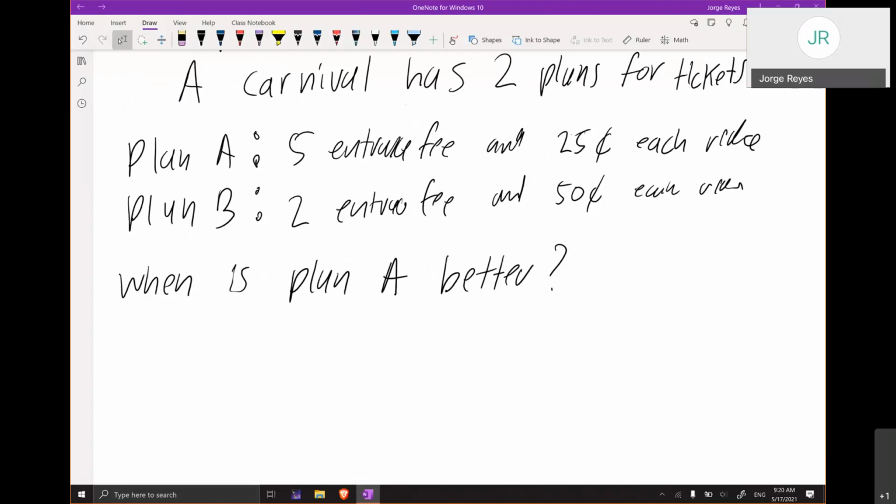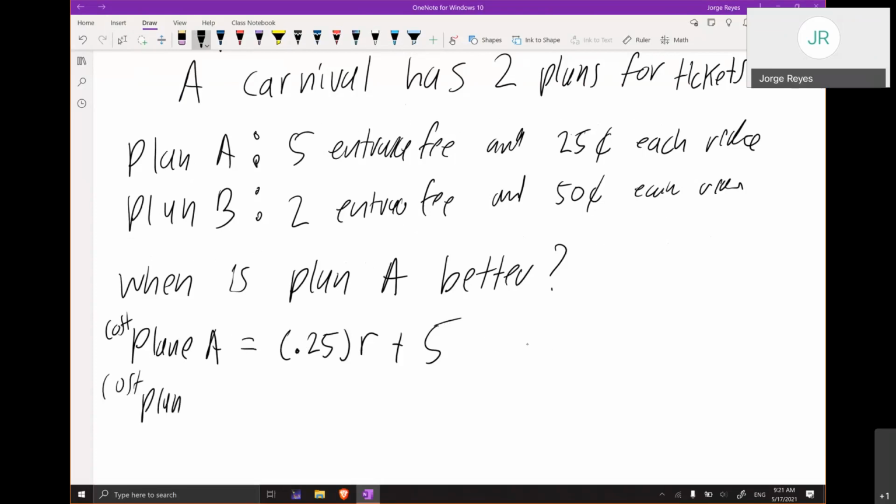First you're going to make some equations or some models. So the cost of plan A equals 25 cents times the number of rides you ride, which I'm going to call R, plus $5. The cost of plan B is 50 cents times the number of rides plus $2.